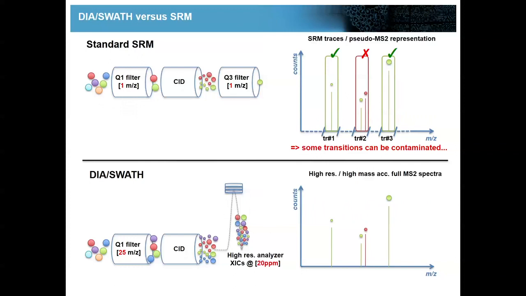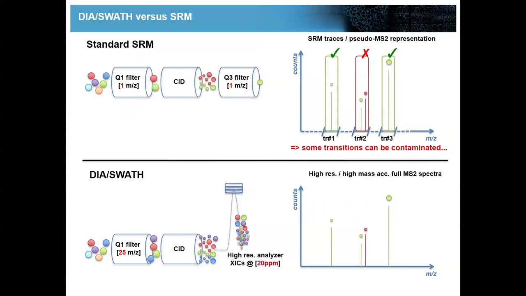Now let's consider the situation in DIA or SWATH mode. We have the same set of peptides being sprayed into the instrument. Instead of a triple quad, we replace the third quadrupole with a high resolution mass analyzer. In this case it's time of flight, but it could be Orbitrap or something else. In DIA mode, in order to get continuous sampling of the precursor isolation space, we're forced to open the width of the precursor isolation window.